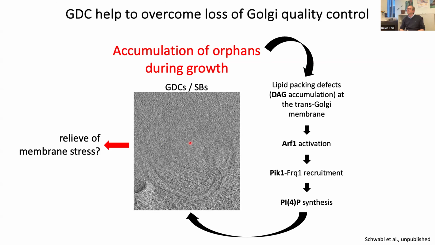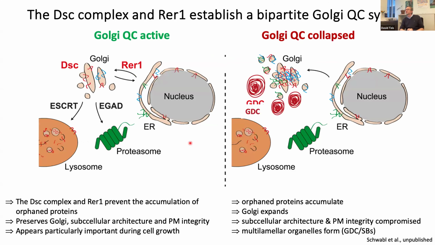So with that, I'd like to summarize. I hope I could convince you that we have identified an additional component that works together with the DSC complex at the Golgi, which is a retrieval receptor. So the DSC complex will ubiquitinate and degrade orphan proteins at the Golgi, and RER1 will retrieve orphan proteins. If one or the other is disrupted, cells don't care so much because they have this backup system in place.